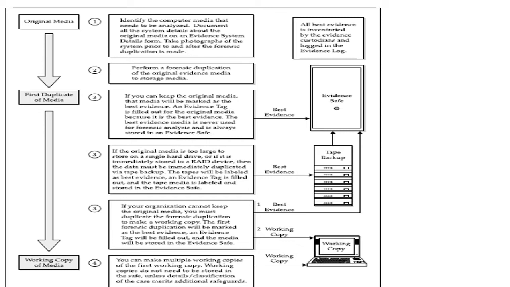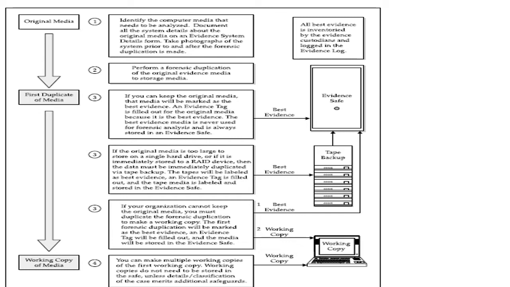At this stage, we need to identify the computer media or the target media and record all the details of the system, as well as take photographs of the system prior to the creation of working copies, the copies that we use when we're investigating.